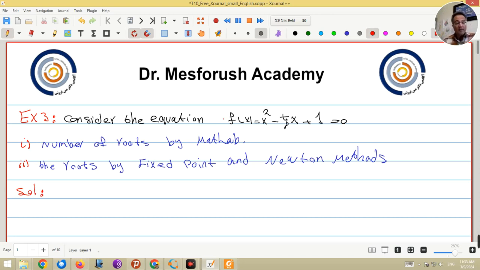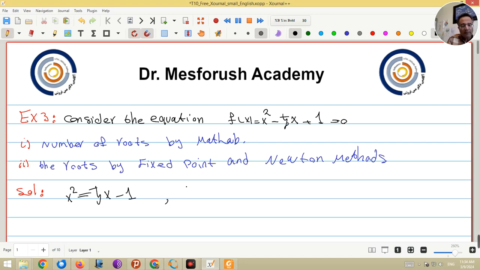First of all, we have to find the number of roots by MATLAB. It's very easy. We have to just plot the curve of the two equations. One function is x squared, and the other one is 1 plus tangent of x. Look at here, x squared equal to tangent of x minus 1.